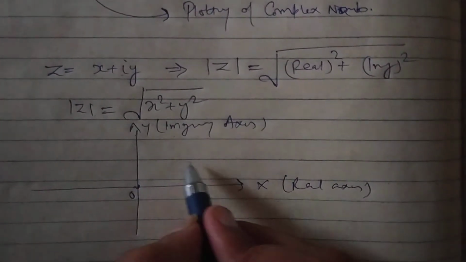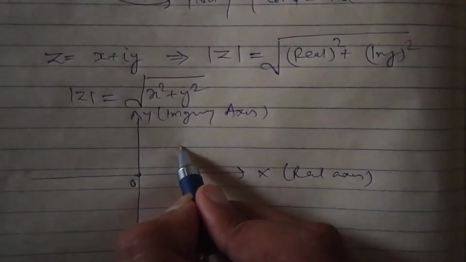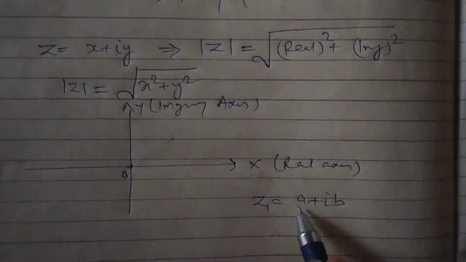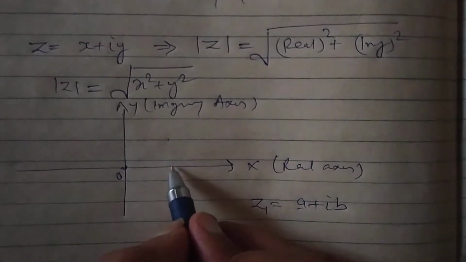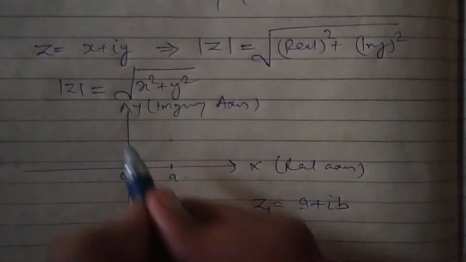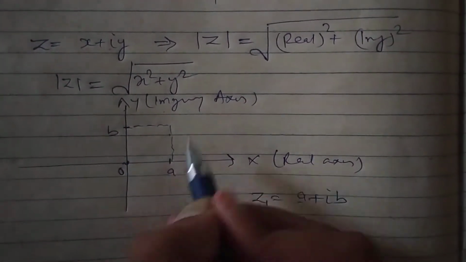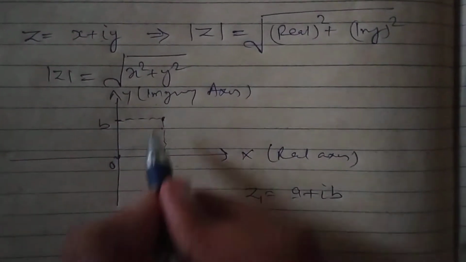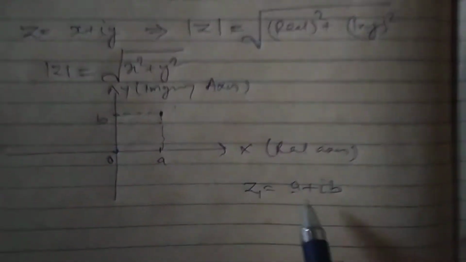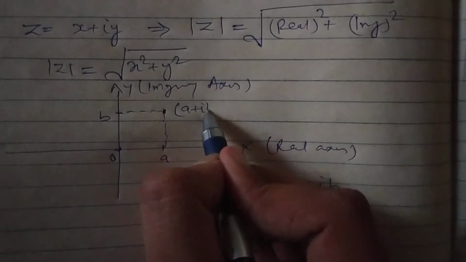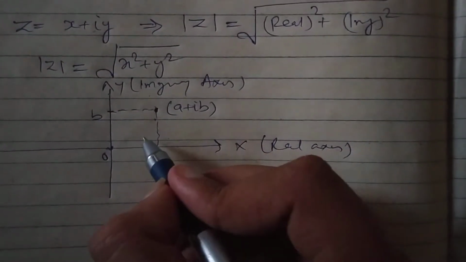When we plot, let's say we have a complex number z1 equals a plus iota b. We assume that both a and b are positive. So a is here, the real part, and b is here, the imaginary part. When we plot it, this point in the complex field is the complex number a plus iota b, which is z1.